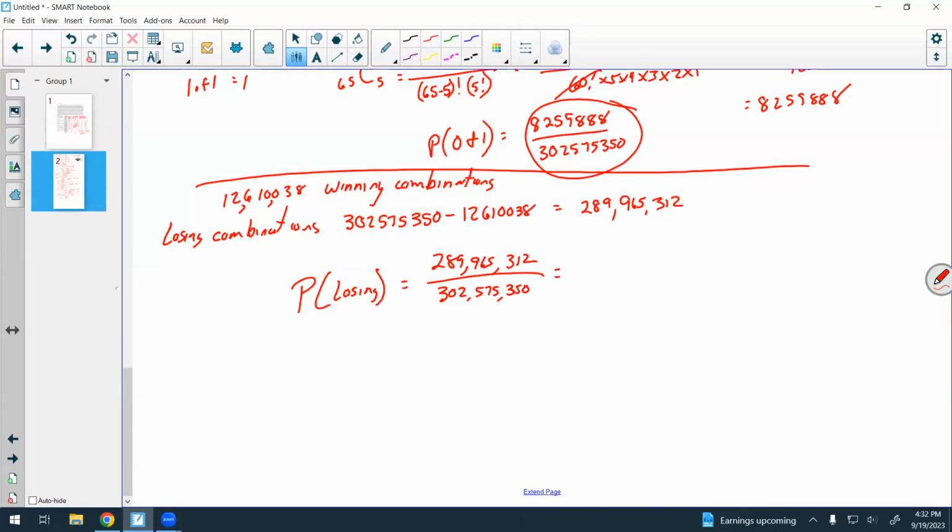So your probability of losing, just for fun, is 0.958324305. So you have roughly a 96% chance that you're going to lose a lottery and not win anything.